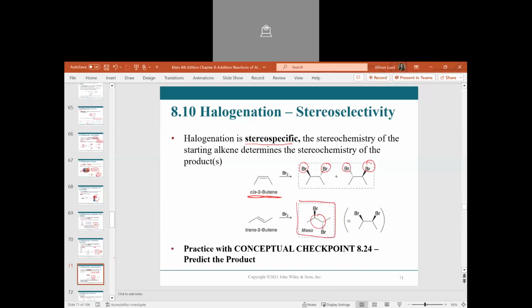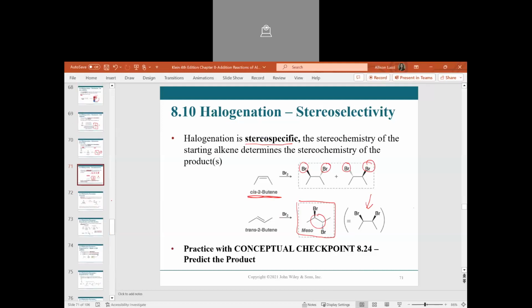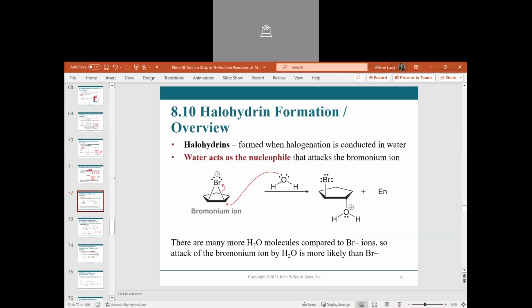This is an alkane now, so we can have free bond rotation, and if we flip this bromine up, we would end up with only this product here. Again, depending on what you start with, you're going to end up with a specific product. That's called stereospecific reactions.